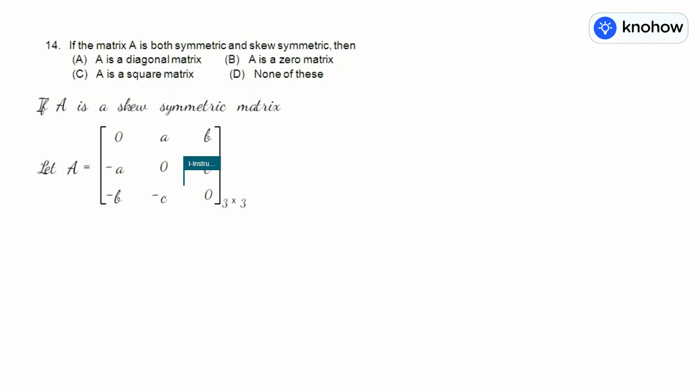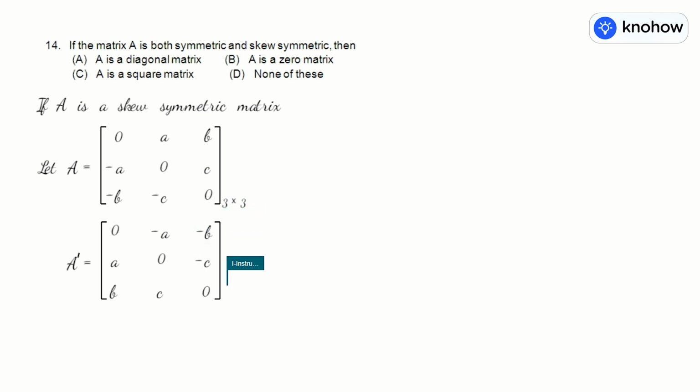It is easy to check that it is a skew symmetric matrix. Let us work out A dash, the transpose of it. Take the elements of the first row, 0, a, b, in the first column, and that of the second row, minus a, 0, c, in the second column, and that of the third row, minus b, minus c, 0, in the third column.